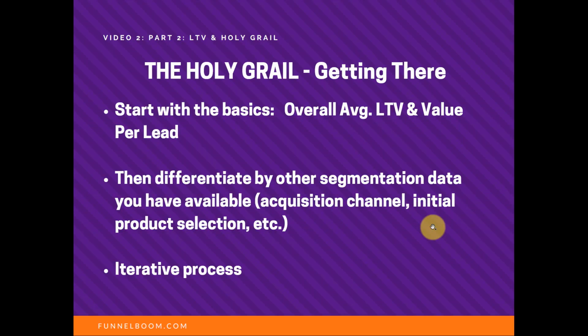So I might have different tactics that I'm using to acquire new customers, and these tactics and the type of product they acquire first can have an impact and cause differences in expected LTV. And then this will be an iterative process. This is certainly not easy.